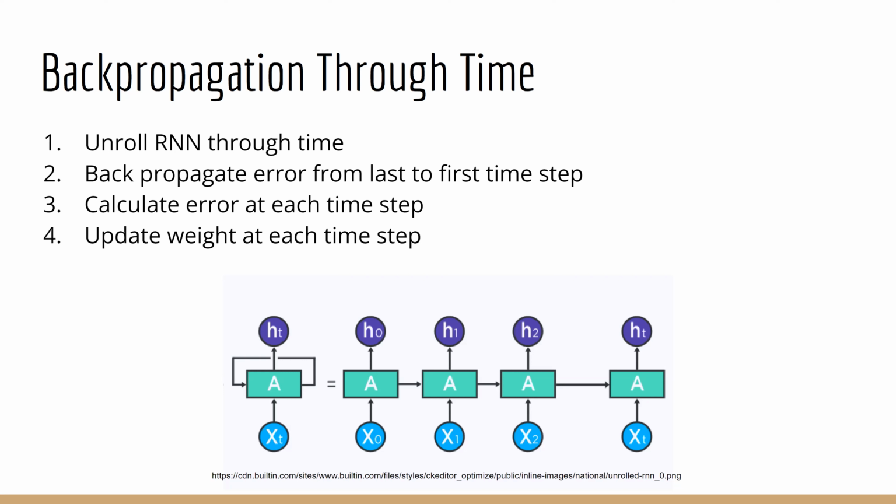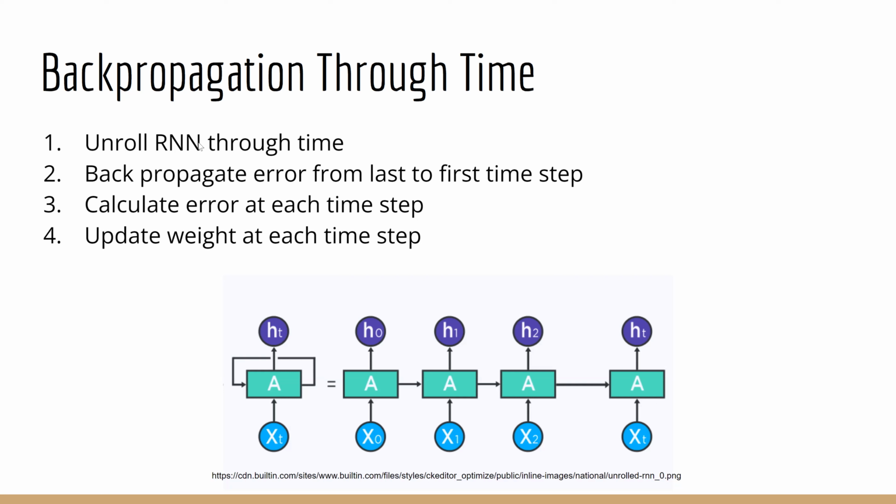For example, in artificial neural networks, but this time it's a bit different because we're on the time scale now. How it works is still kind of similar. In this diagram, we have the RNN on the left here, and how you can visualize it is you can unroll the RNN through time. That's what you have on the right-hand side.